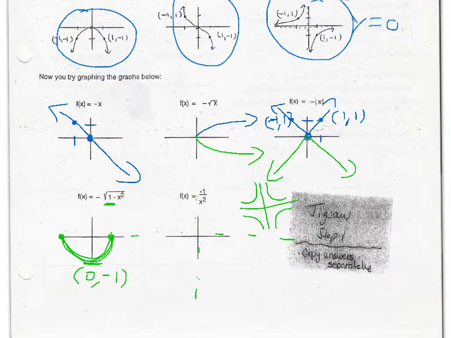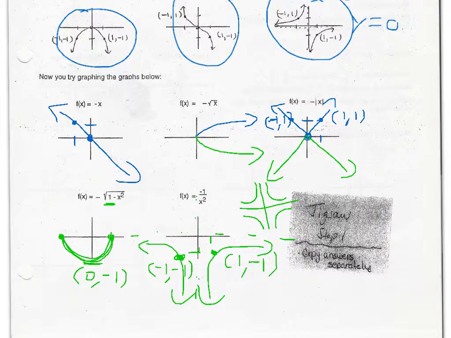If you put in 1, you're going to get -1. So let's go 1, -1 right there. That's really the only point you need. And then if you put -1 in, you're going to get -1 again. So you're going to get this graph. This ordered pair would be negative 1, negative 1.